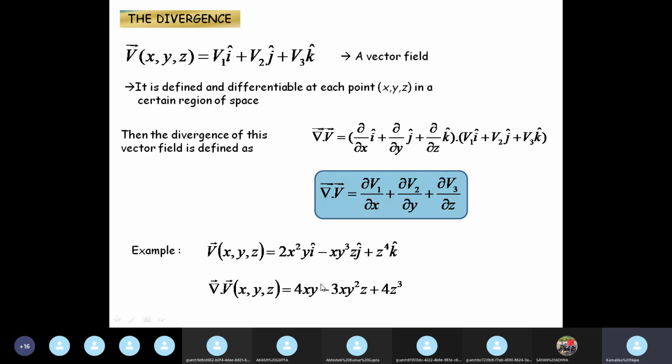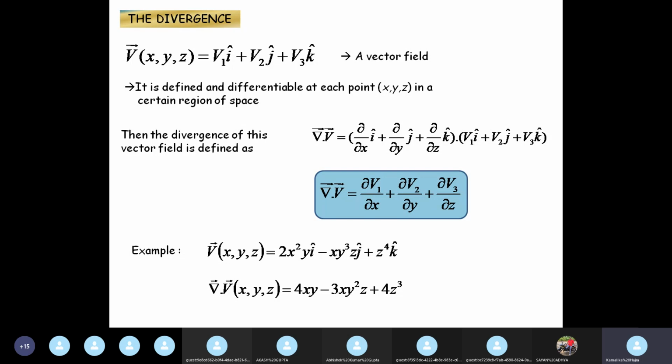Keep in mind, do not write down i cap, j cap, k cap here because you are taking the dot product, so the result is a scalar. This is a very common mistake that people make when they are asked to take the gradient of a scalar.